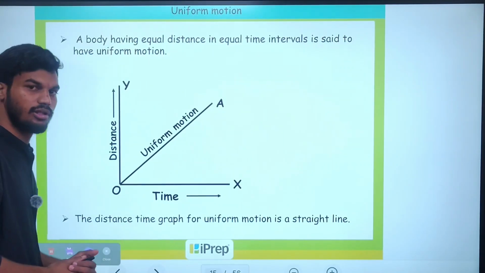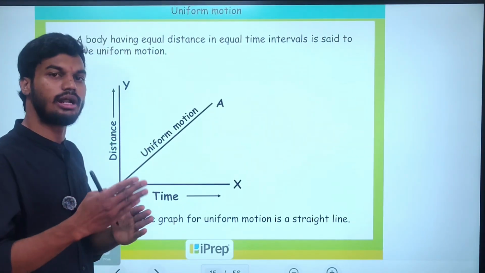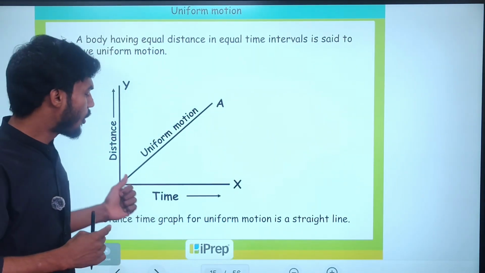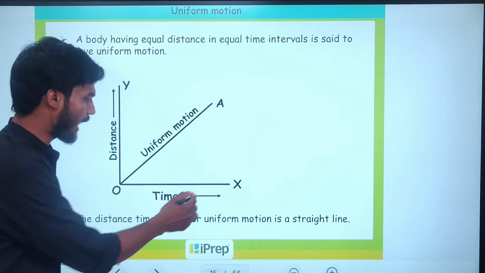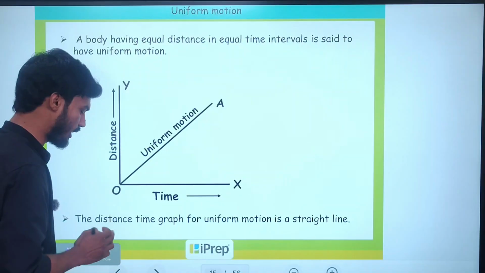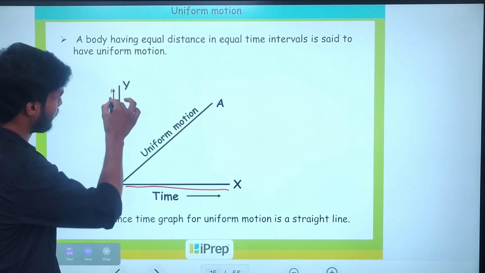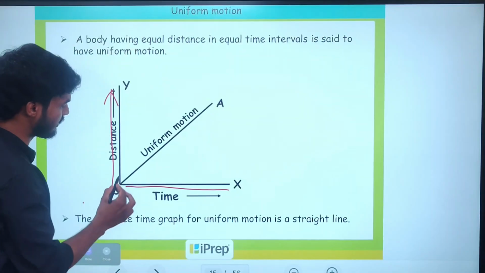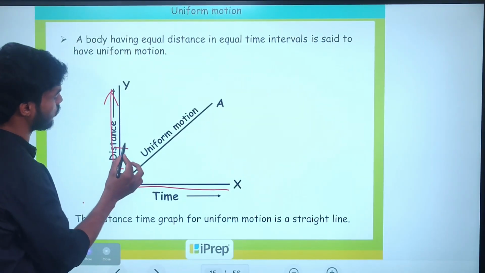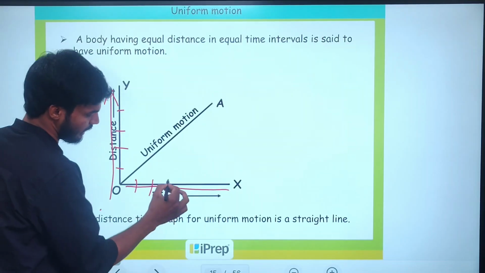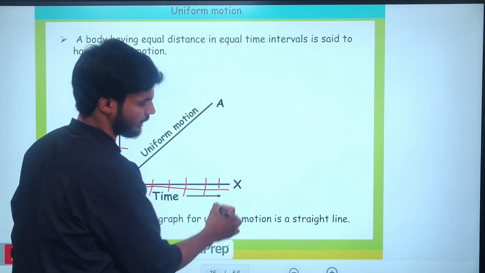So when you draw the graph for uniform motion, you take time on the x-axis and displacement, or distance, on the y-axis. The distance travelled may be 100 meters, 200, 300, 400, and the time may be 5 seconds, 10, 15, 20, 25, 30 seconds.